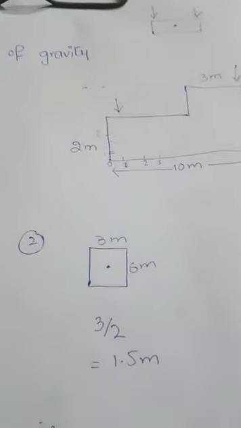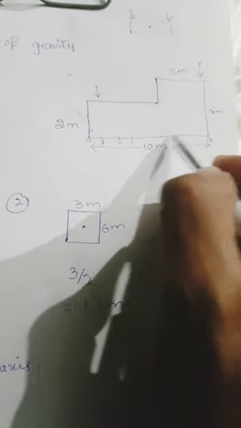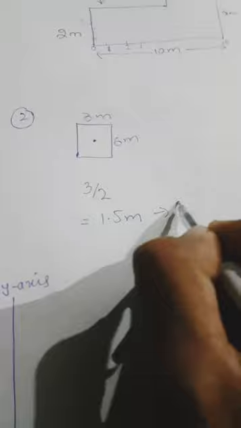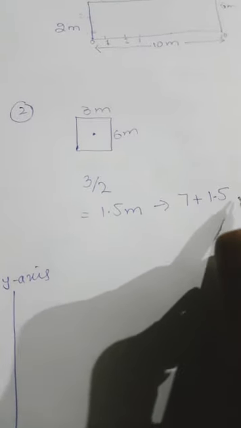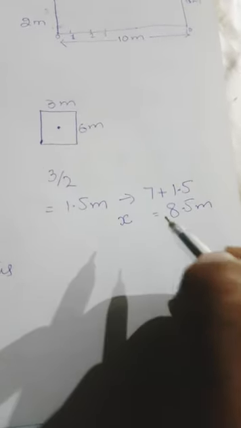And from bottom to top it is 1, 2 and so on up to 6. Consider those points. To find the center of gravity of that object, in this case it is about 1.5, so we will start from here. It is 7 meter and 1.5 meter, so 7 plus 1.5 is equal to 8.5 meter. Consider it as the x-axis.